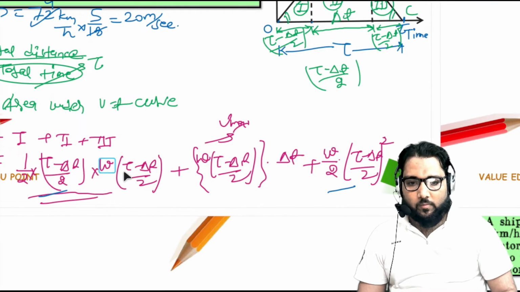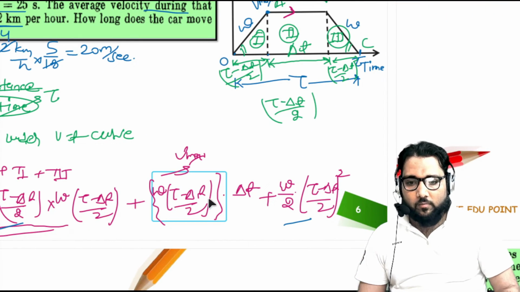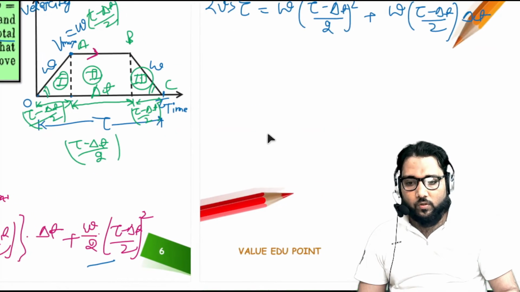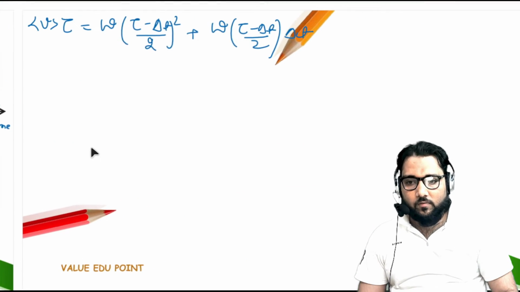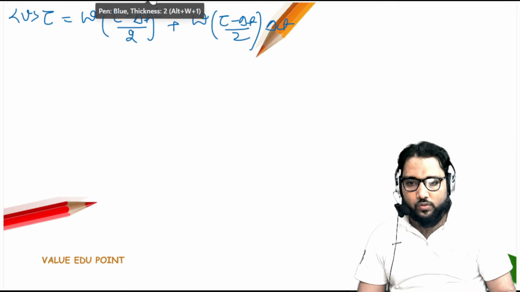If you add this omega by 2, this will become double. So omega into tau minus delta t tau square, or in this portion omega into tau minus delta t by 2, that is Vmax into t. So we are going right, okay. Now we will solve this portion. Okay, so how will we solve it?